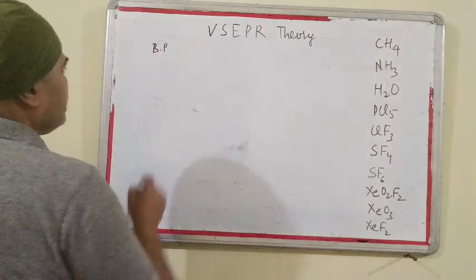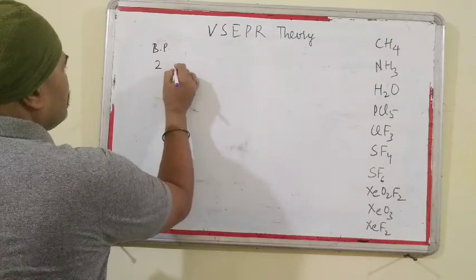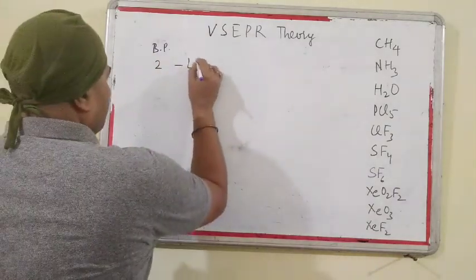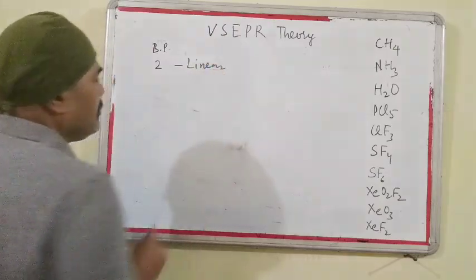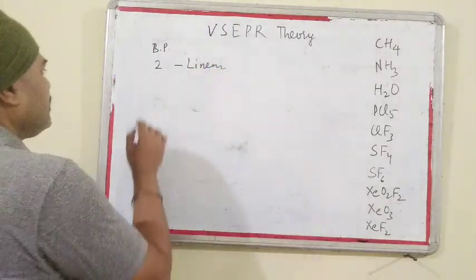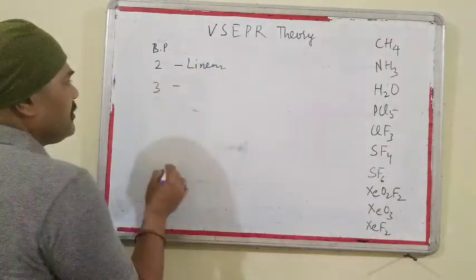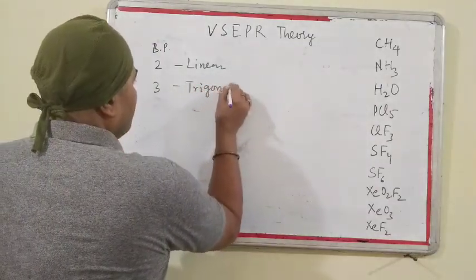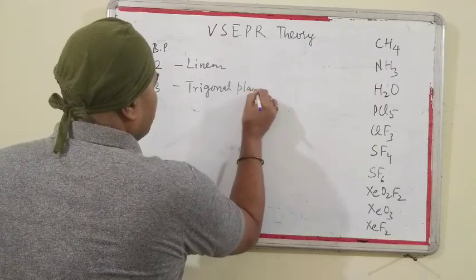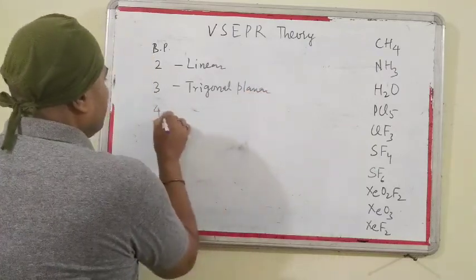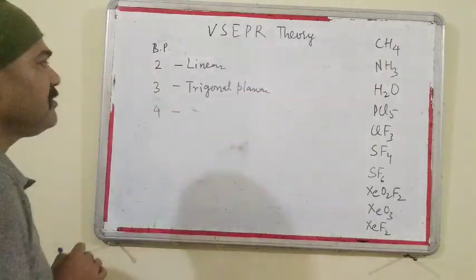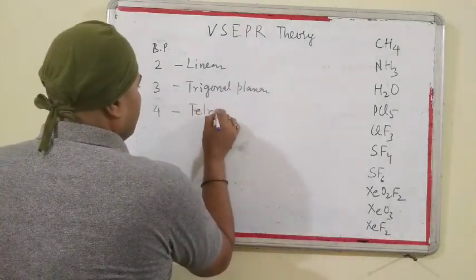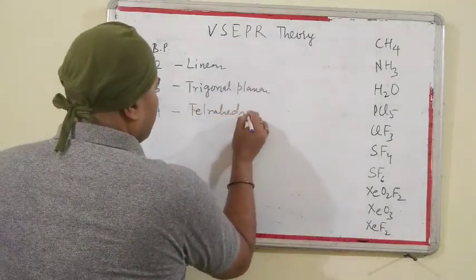If bond pairs are 2, then the shape will be linear. If the bond pairs are 3, the shape will be trigonal planar. And if it is 4, then the shape will be tetrahedral.